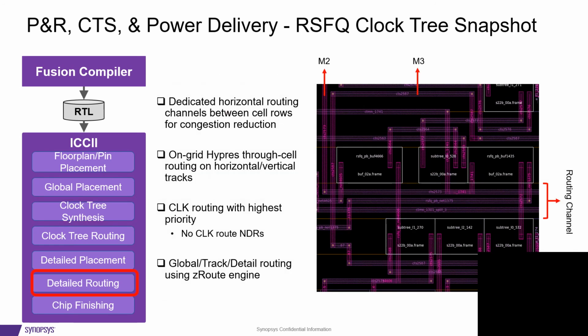For routing, we are partnering with our partner Hypress for standard cell libraries that have tracks of metal 2 and metal 3 orthogonal within each cell that are allocated for PTL routing. M0 is left for power routing, and we've allowed for channels in between the rows to allow for additional routing.